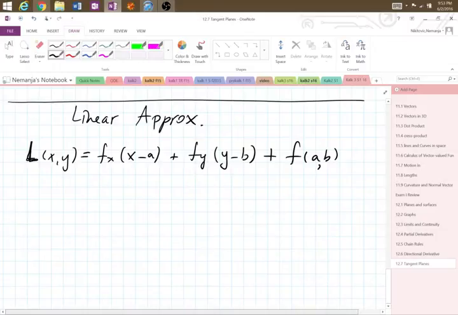Oh, I forgot to put that this is computed at a. So these need to be computed at (a, b). If you move f of (a, b), the last term, to the left, you will have L minus f. That's like saying z minus the point. And then you have all the derivatives. So this is the linearization formula.